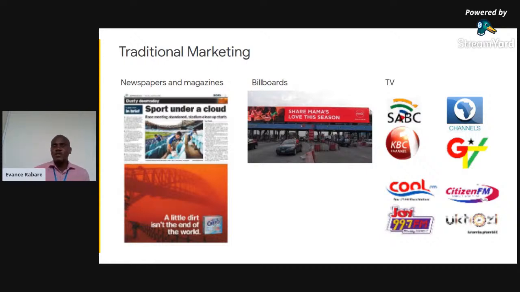So if you want to market your product on Fana, it's different from marketing on EBS. Why? Because some television stations are more expensive than others because of the viewership they have. The more viewership you have, the more expensive it is.